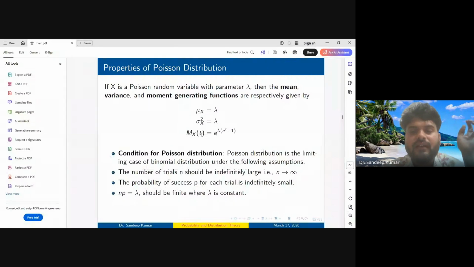If the mean of a Poisson distribution is 2, the variance will be 2. So the mean is lambda and the variance is also lambda. And this is the moment generating function, e to the power lambda times (e to the power t minus 1).